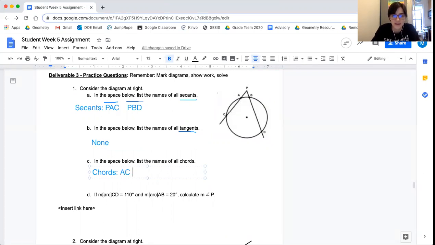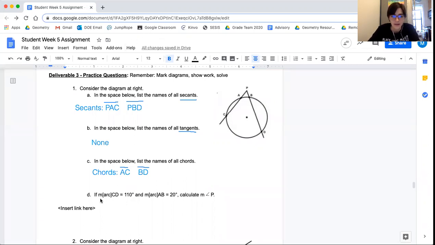So I have AC and I have BD. Again, these are line segments, so I can label this with a line above it to say line AC, line BD.